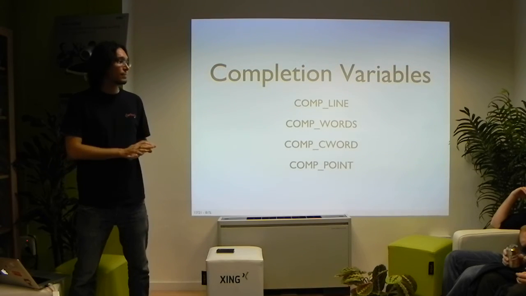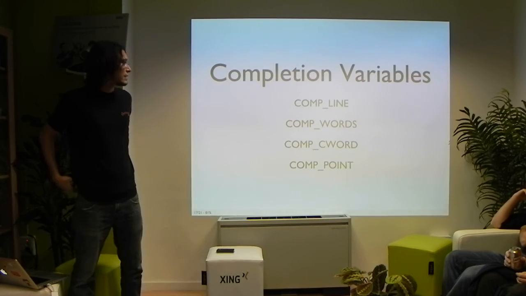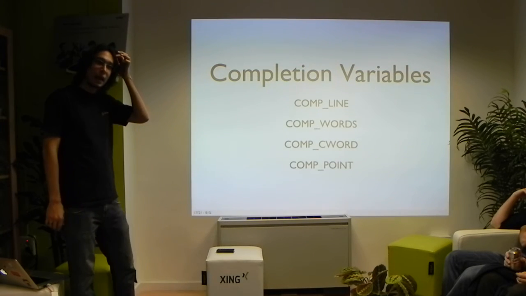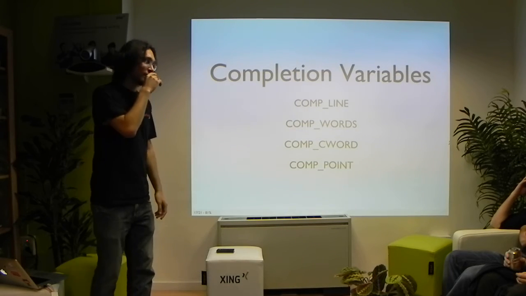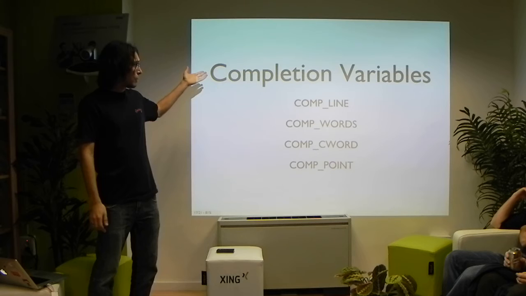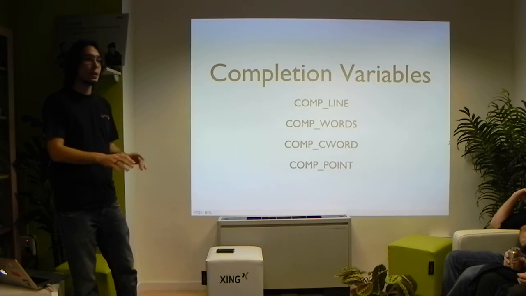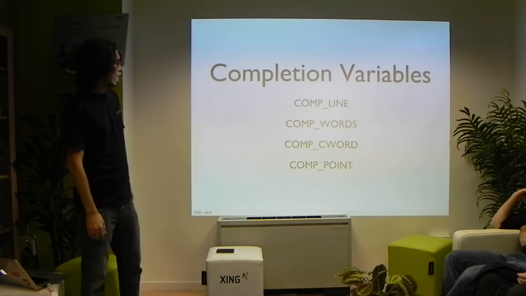So the first thing, again, the full explanation of all this is in the man page. But we have some important variables that our auto-completion functions or commands are going to be receiving. The first one is COMP_LINE. It just means the current command that you're typing, it passes that to the function so you can know what's currently on the line.